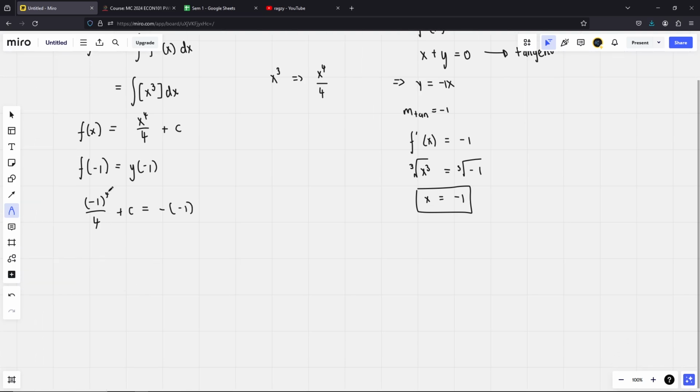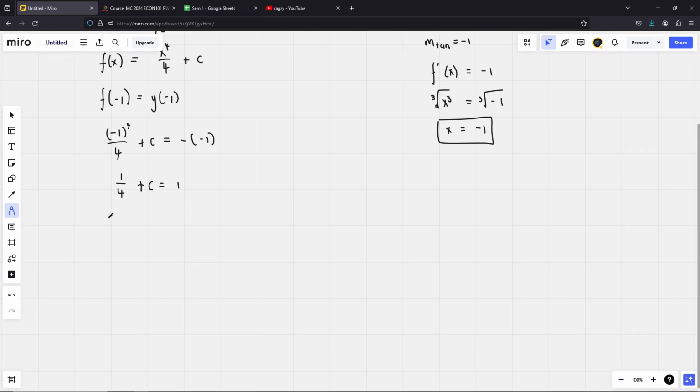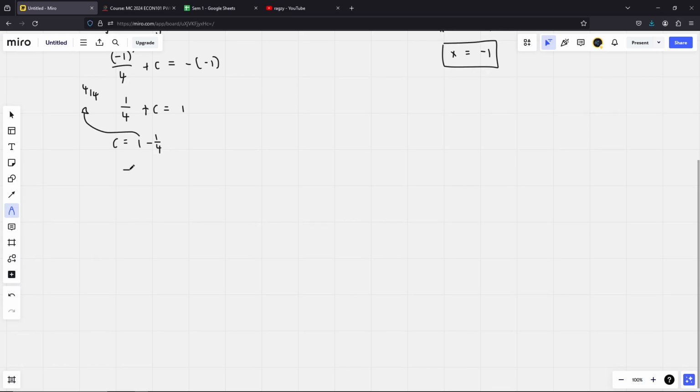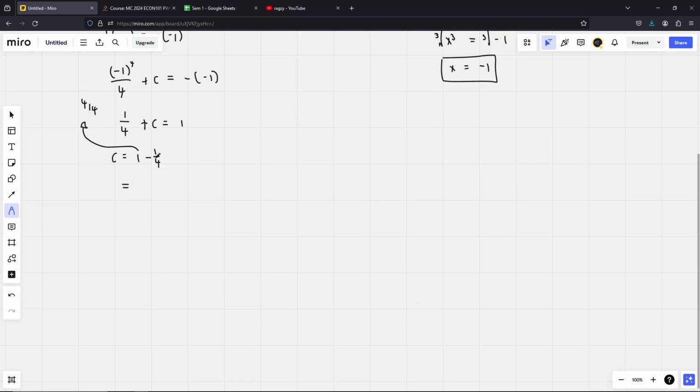Okay, simplifying, this is an even function, so that's just going to be 1 over 4 plus c, and that's going to be equal to 1, and our c is going to be equal to 1 minus 1 over 4. Notice that I can write 1 as 4 over 4, so 4 over 4 minus 1 over 4 is going to give me 3 over 4, and that's going to be the c value.